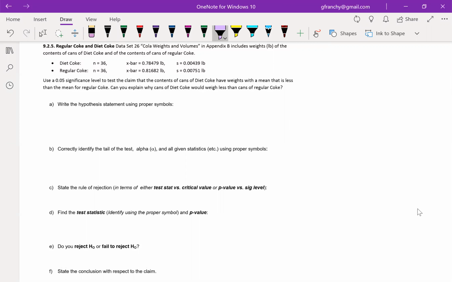Again, we want to go ahead and identify what the claim is. So our claim is that the mean of Diet Coke is less than that of the mean of regular Coke.